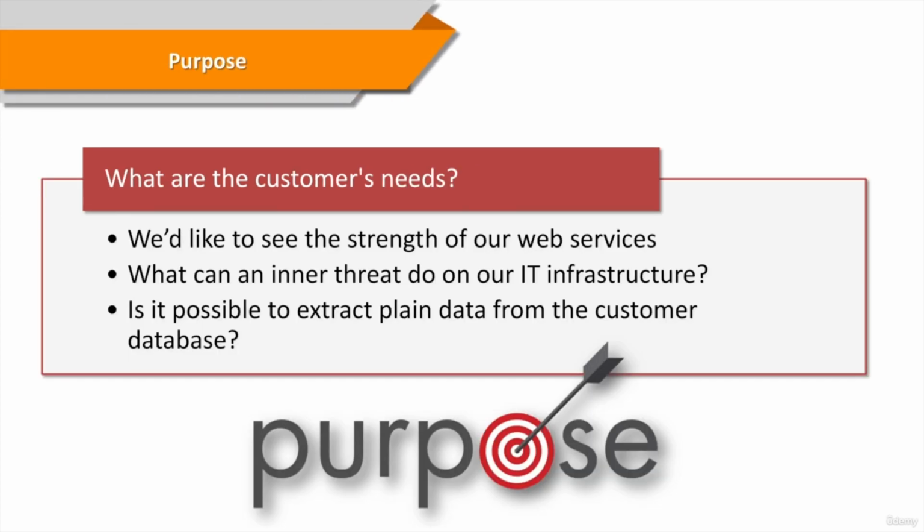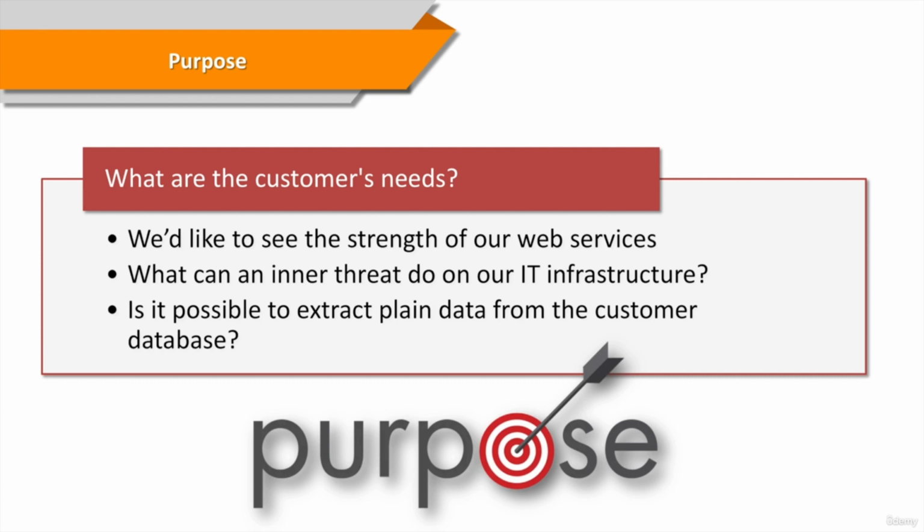The first step of planning a pen test is to identify the needs of the customer. Here I use the word customer as the owner of the IT system that you perform a pen test for. Of course, the customer's basic need is to identify weaknesses in the information system and take measures before a real attack occurs. But here we should find the methods and targets according to the customer's sensitive topics.